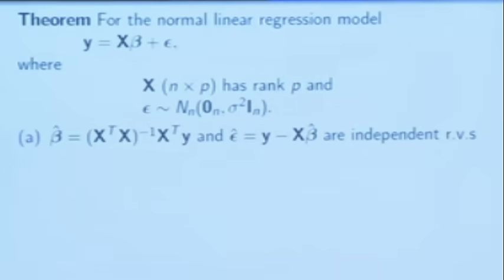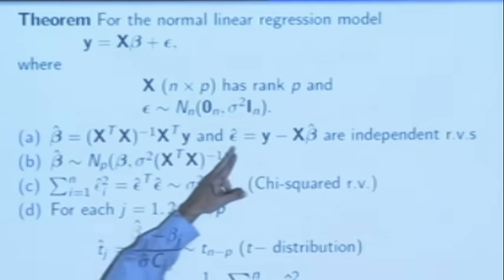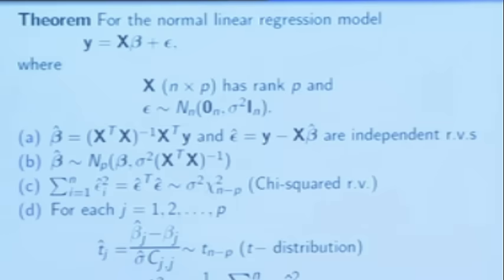So if we do that here, we can actually prove this important theorem, which says that with least squares estimates of normal linear regression models, our least squares estimate beta hat and our residual vector epsilon hat are independent random variables.